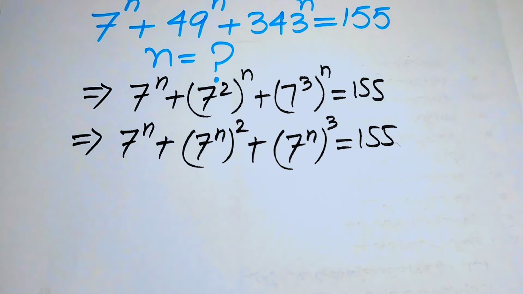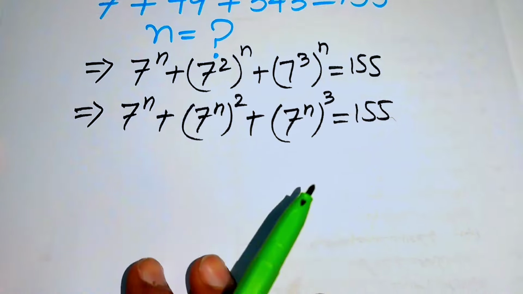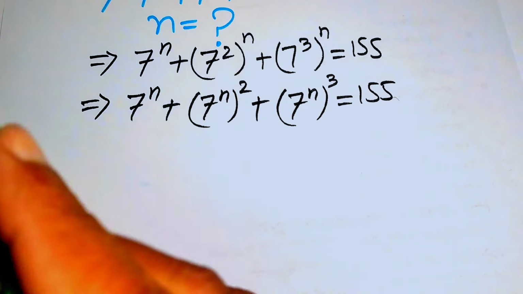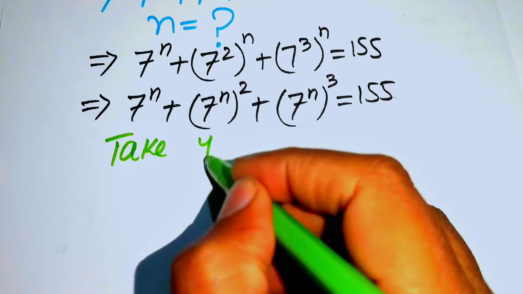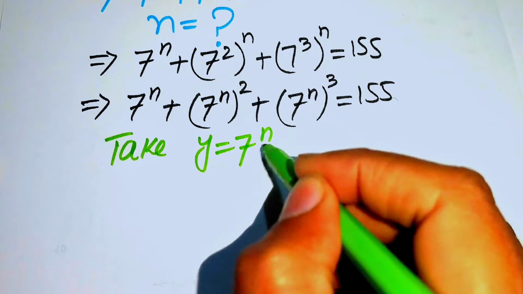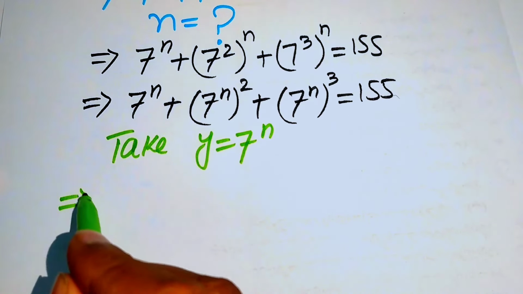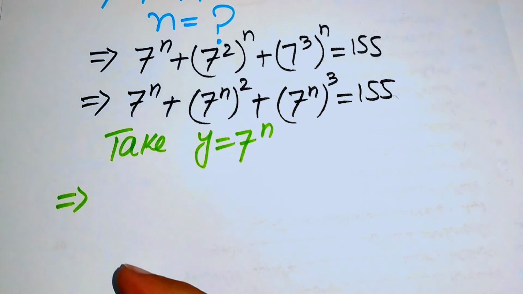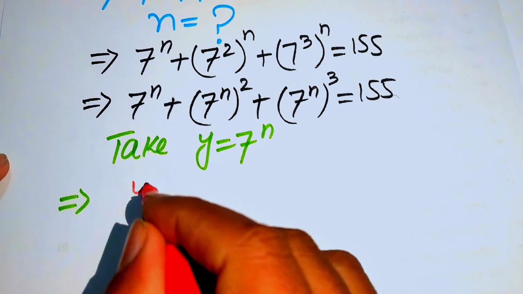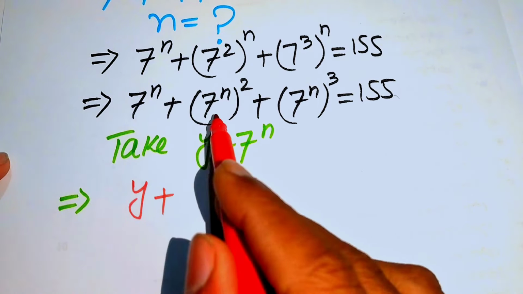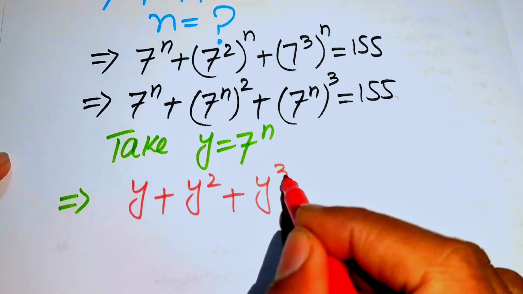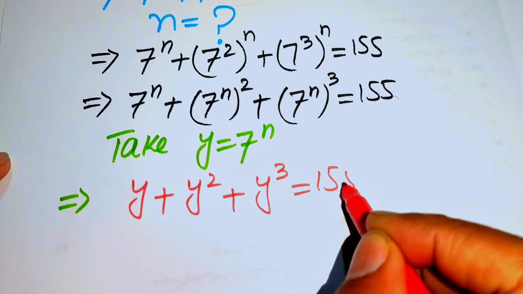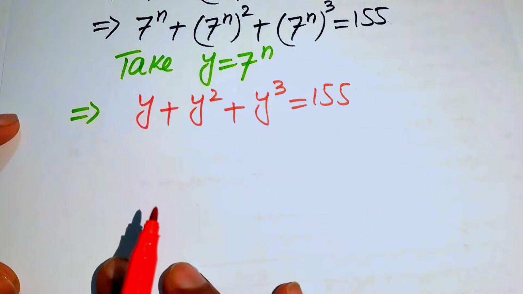155. So in the next step we convert this exponential equation into the cubic form, so we take y equals 7 to the power of n. Now we substitute the value of y in the above equation, and it is written as y plus y squared plus y cubed equals 155.